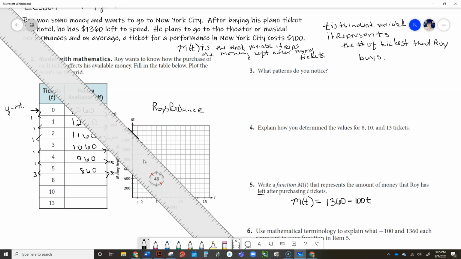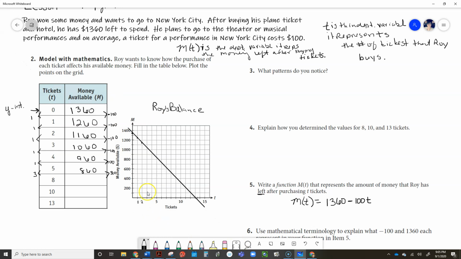Okay. And now I can see that at 5, 6, 7, 8, I'm right at 760. No, sorry, 760 is up here. I'm right at 560.